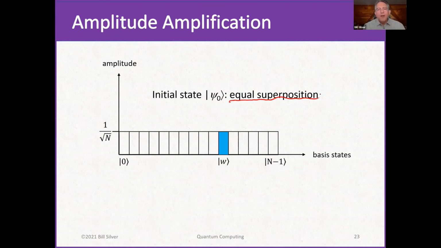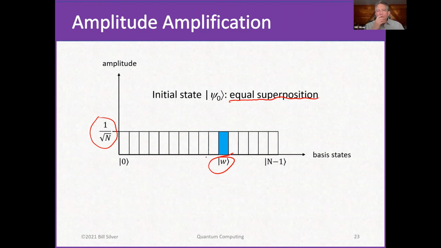So maybe we've got 10 qubits, 1,024 elements, and the amplitude of each element is the same. All right, we can use Hadamard gates to create this equal superposition. And one of these basis states is the winner. We just don't know which one it is. The quantum oracle knows which one, but we don't.